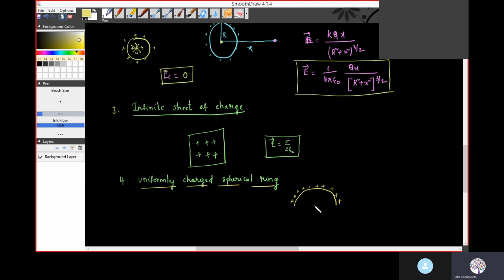Then at the center, whose radius is r, we have to calculate the electric field.